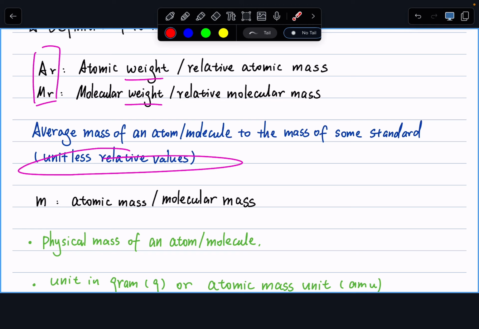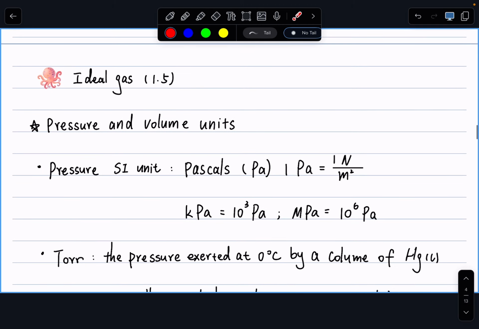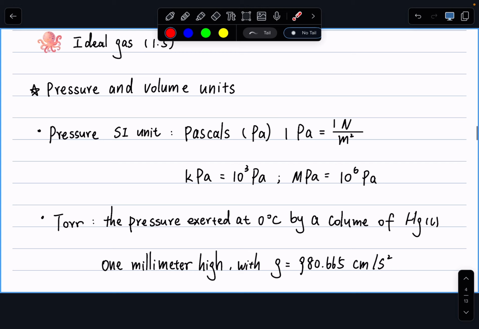Okay, now let's get to the more exciting part, the ideal gases. Yes, exciting to some extent. So ideal gases are defined as gas molecules that do not interact with each other.